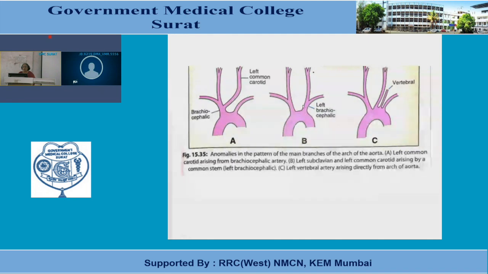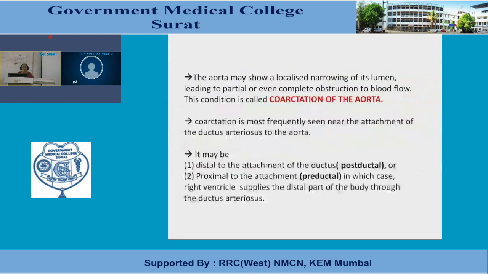And you can see the left vertebral artery arising directly from the arch of aorta. Otherwise, normally the vertebral artery is a branch of the first part of the subclavian artery, opposite to the internal thoracic artery origin. That is the normal anatomy.